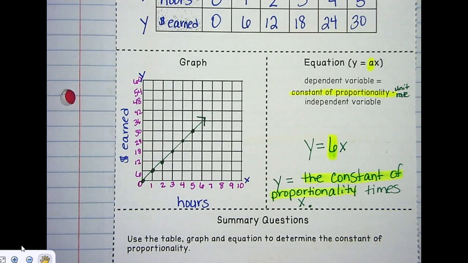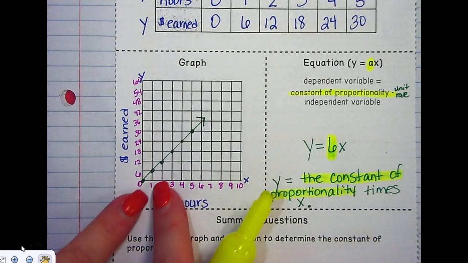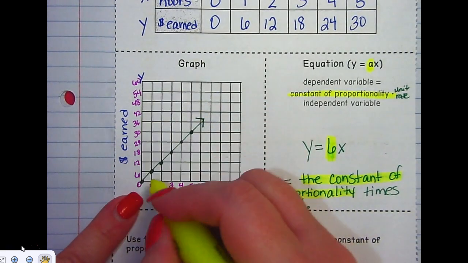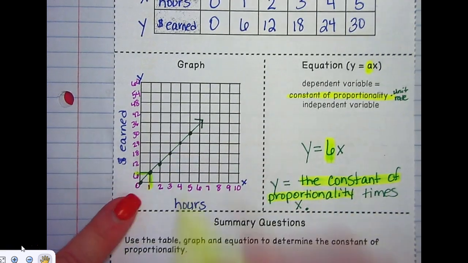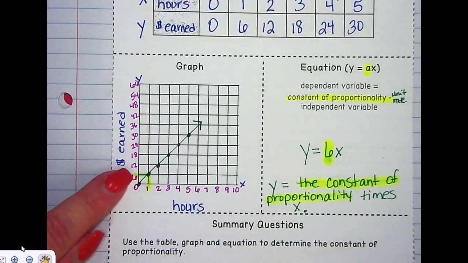And so if I was given a graph, could I just find the constant of proportionality on a graph without having any other information? Yes, you would always just go to the 1. You go to the 1, you go straight up to where the point is, and then you go over to the left, and there's your constant of proportionality.